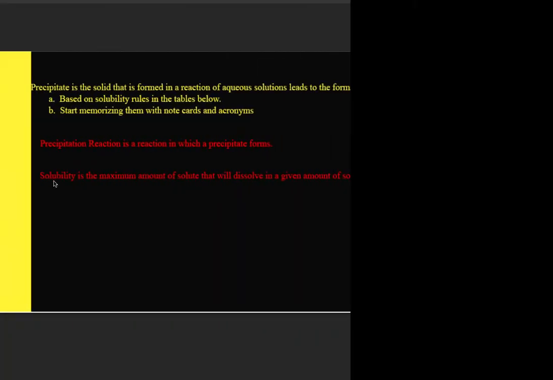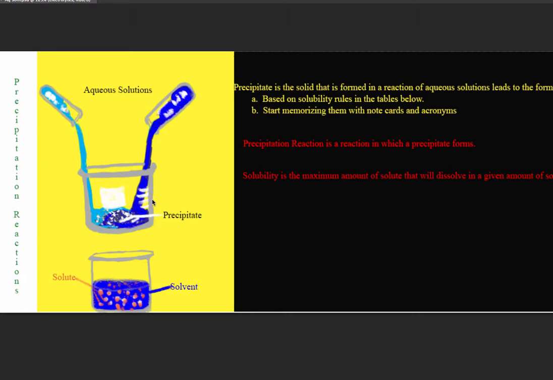Now, solubility is kind of what happens when we're just looking at the interaction of the solute and the solvent, okay? So think of your iced tea. All right, you're pouring sugar into your iced tea, and at first when you're stirring it, you don't see the sugar at all because it's dissolving into the solution.